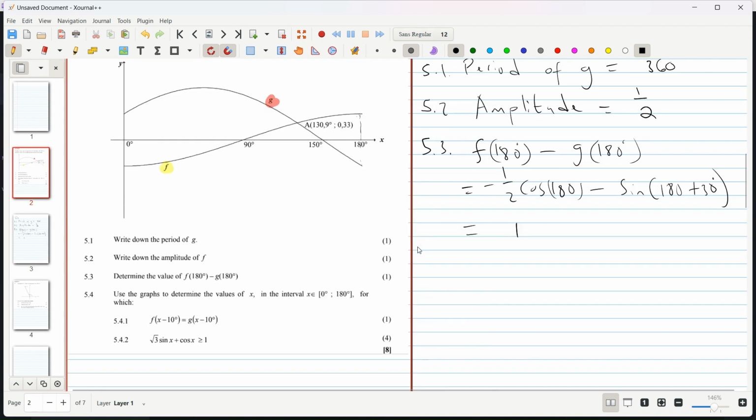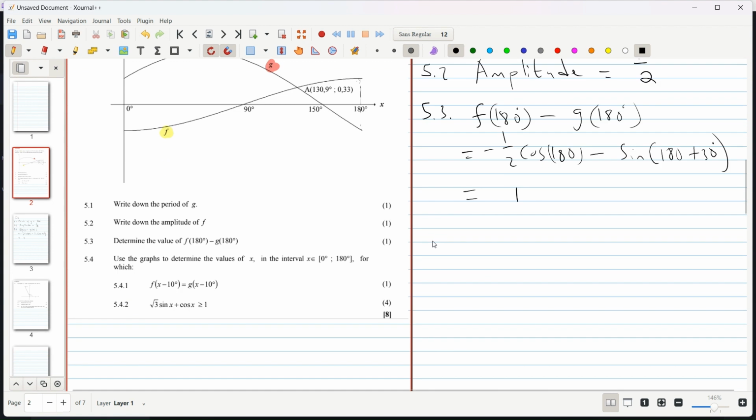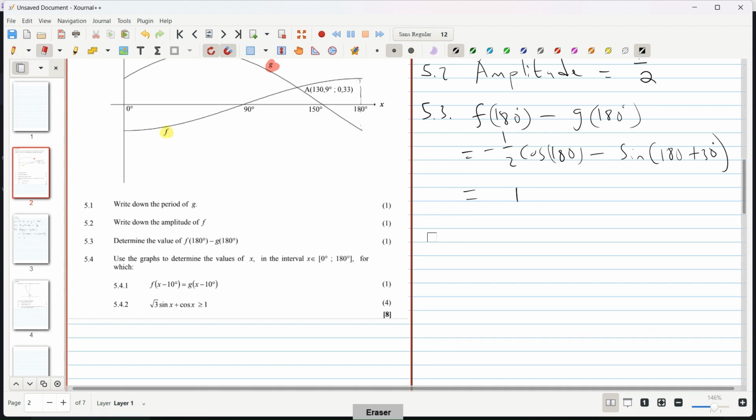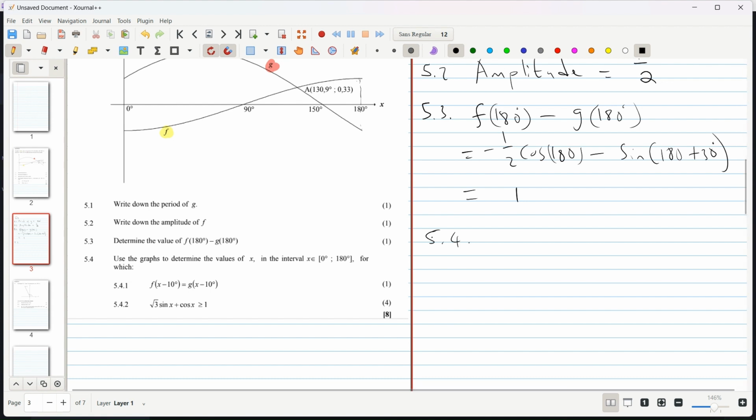Okay, so 5.4. For 5.4.1, they want us to find where f of x minus 10 equals g of x minus 10.